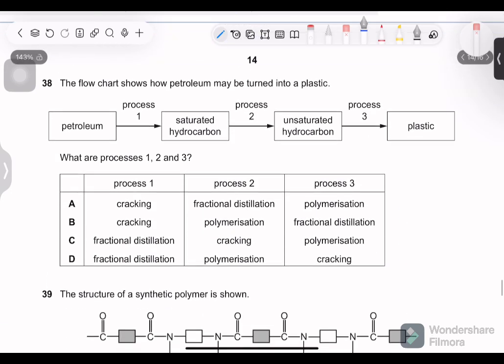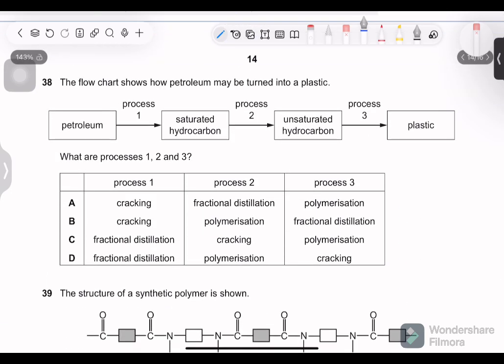Option C. The flow chart shows how petroleum may be turned into a plastic. What are processes 1, 2 and 3? So petroleum to saturated hydrocarbon. Petroleum or crude oil, as you may say, is heated into liquid form, and fractional distillation of liquid crude oil takes place, in which different fractions of hydrocarbons form, which are then collected.